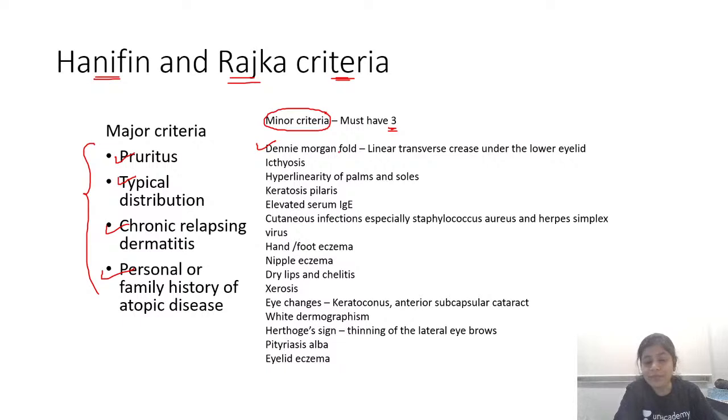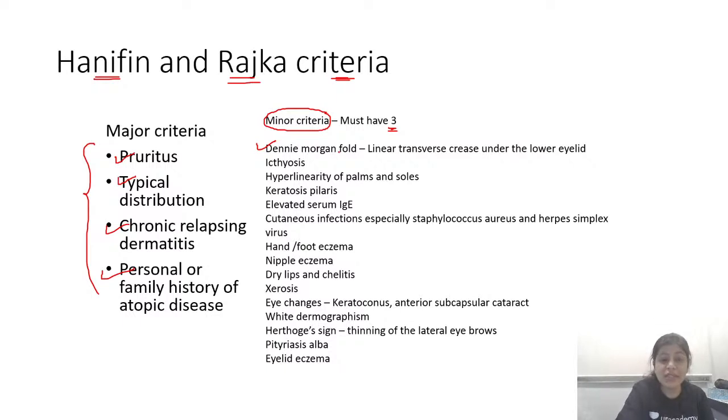Also they tend to have repeated episodes of eyelid eczema, and that causes a lot of itching on the eye as well as in the periorbital area, and they keep on rubbing their eyes very often, as a result of which you see a linear transverse crease under the lower eyelid. So that is called the Dennie-Morgan fold. The Dennie-Morgan fold is the linear transverse crease under the lower eyelid.